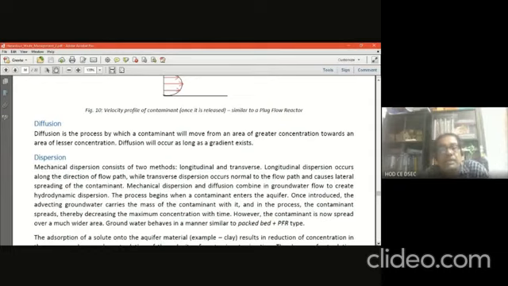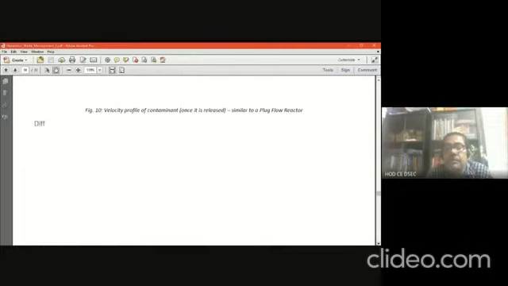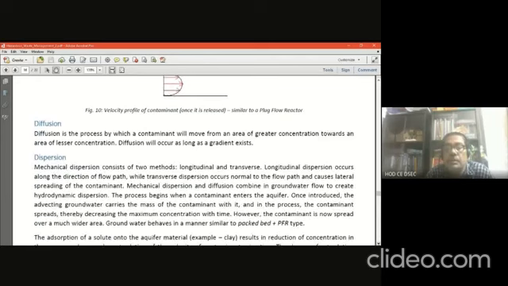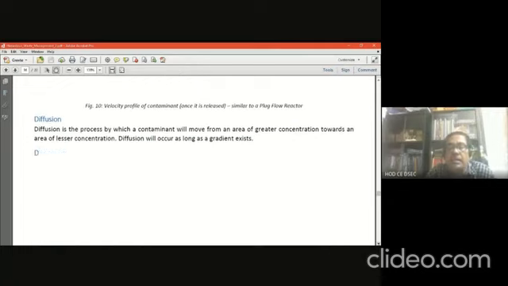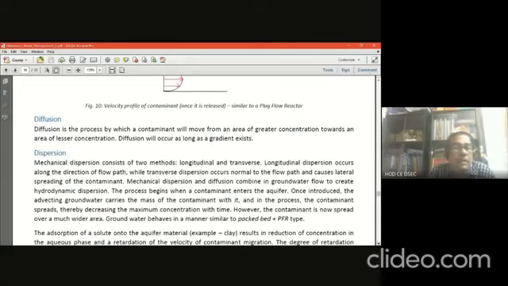Now the process begins when a contaminant enters into the aquifer. Once introduced, the advecting groundwater carries the mass of the contaminant with it, and in the process, the contaminant spreads, thereby decreasing the maximum concentration with time. However, the contaminant is now spread over a much wider area.